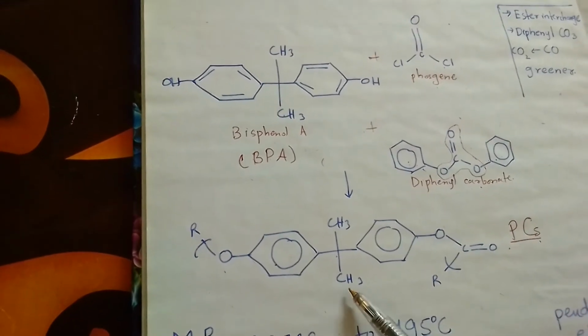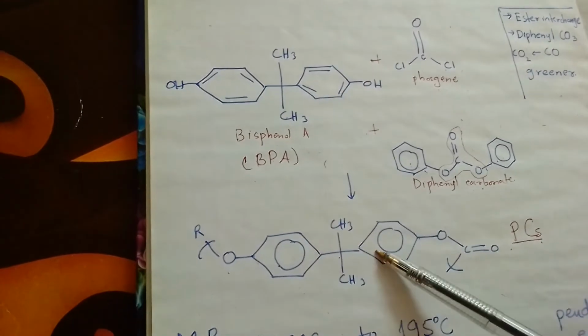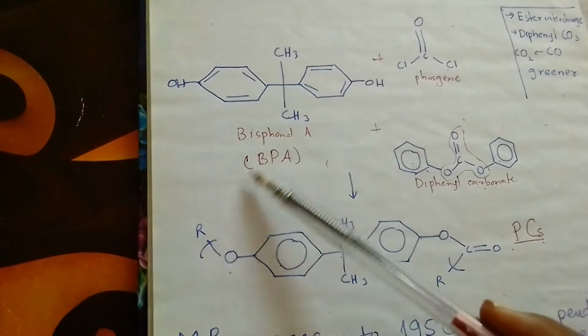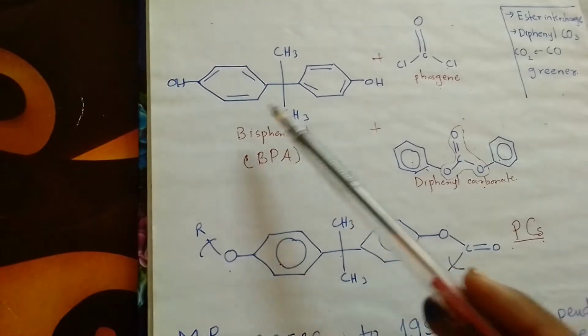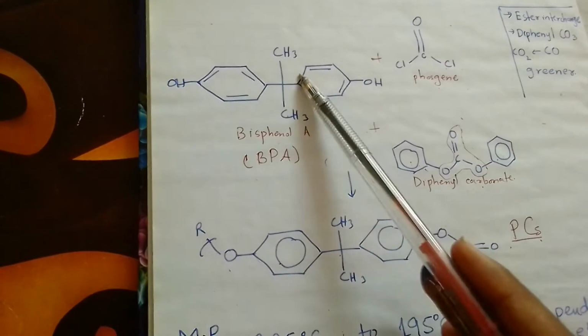So what is happening here? Can you see these two, the BPA, these are the benzene rings, same as above, CH3.